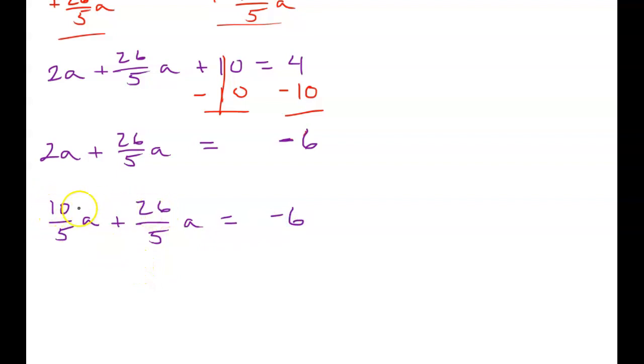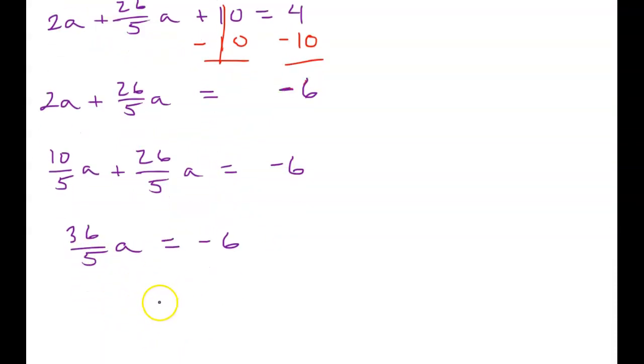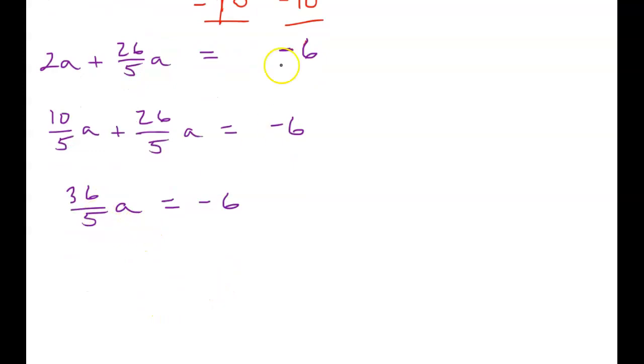Now I'm just adding, and I get 36/5 a equals -6. Again I'm going to try to get a by itself, so I can multiply by the reciprocal of 36/5.